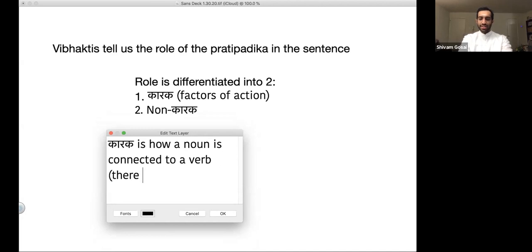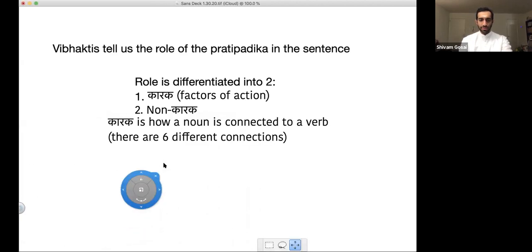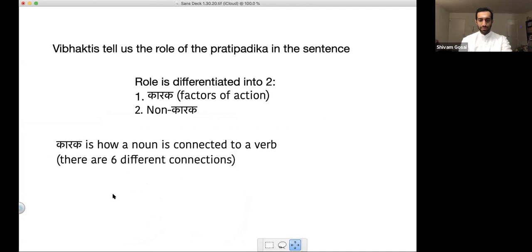And there are 6 different types of connections. We're going to see the 6 after some time. We've already seen the first 2.